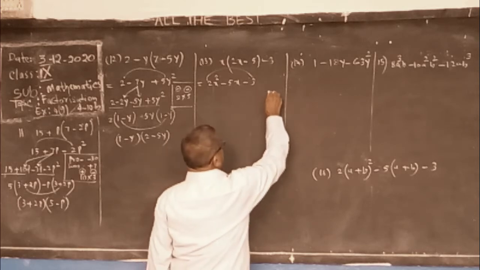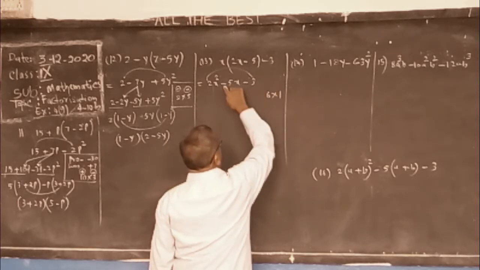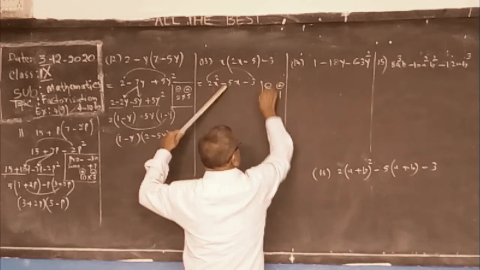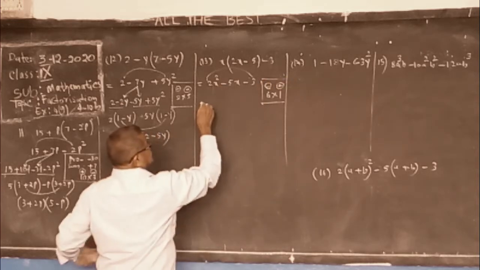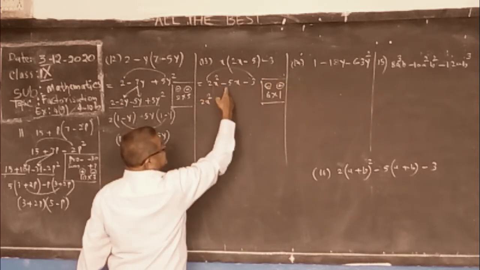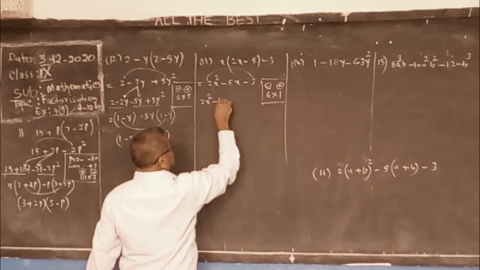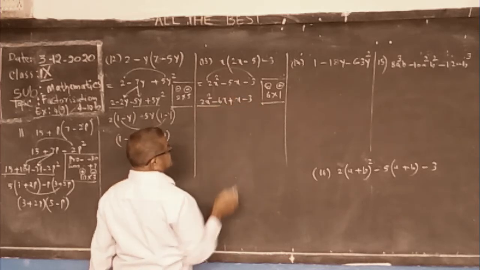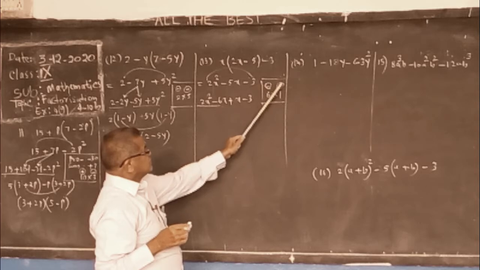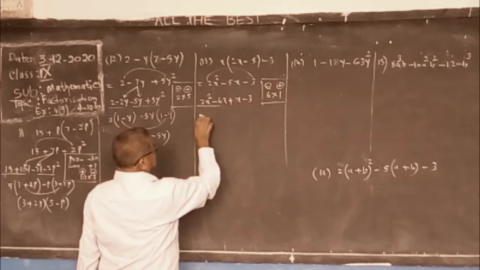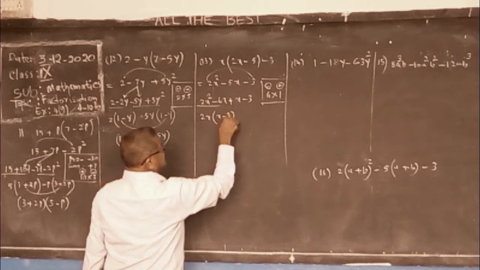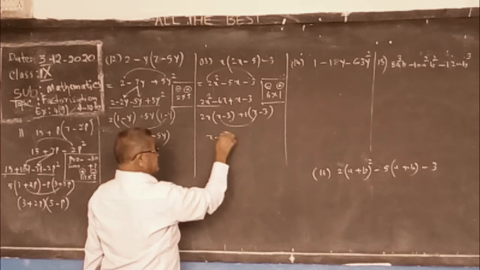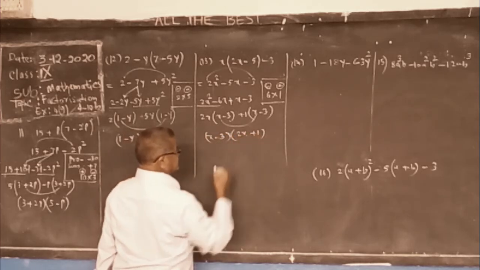So the satisfying numbers are 6 and 1, and the middle term is minus, so you put minus for the big number and plus for the smaller. So 2x squared minus 6x plus x minus 3. Now take 2x common: x minus 3; plus 1 taking common: x minus 3. Again x minus 3 common: 2x plus 1, like this.